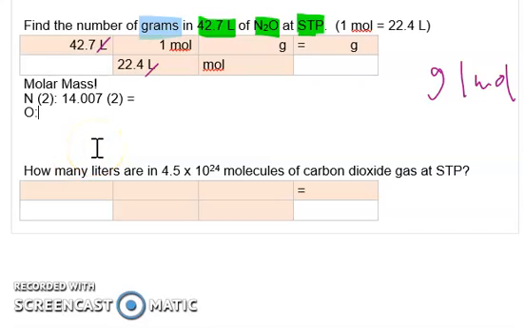If I look at my periodic table, the molar mass of oxygen is 15.999. Okay, so now I'm going to go up to the top and multiply 14.007 times 2, which is 28.014. And 15.999 stays as is.